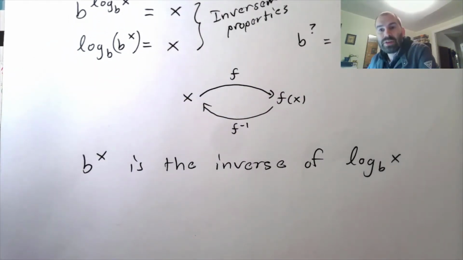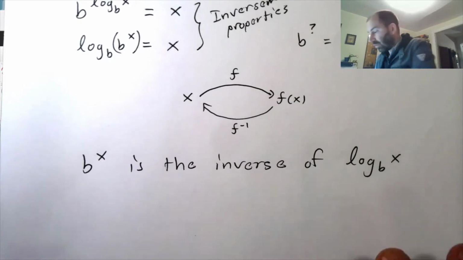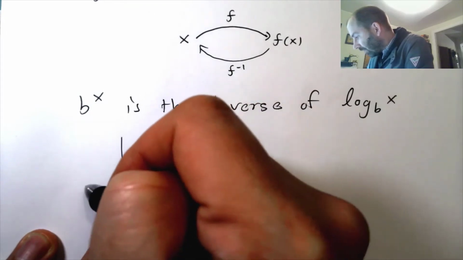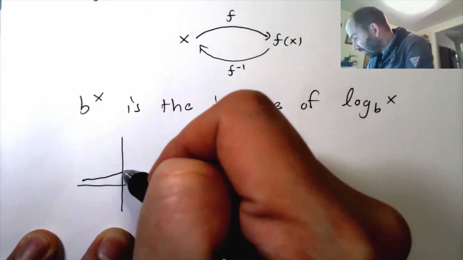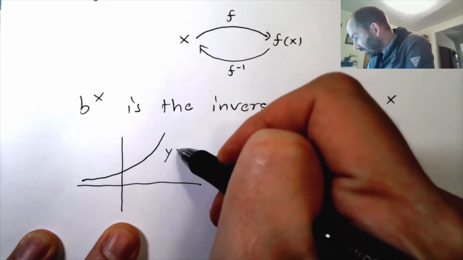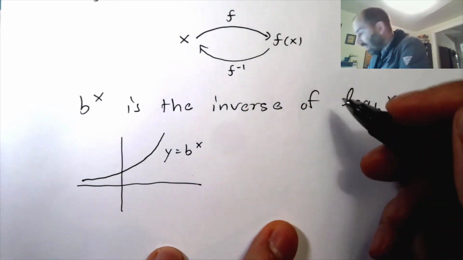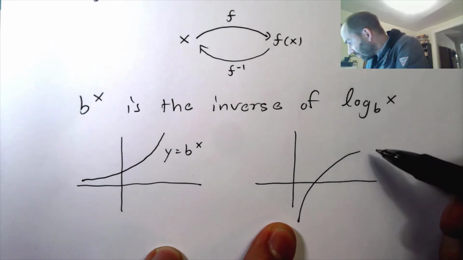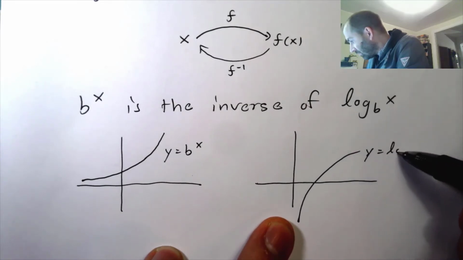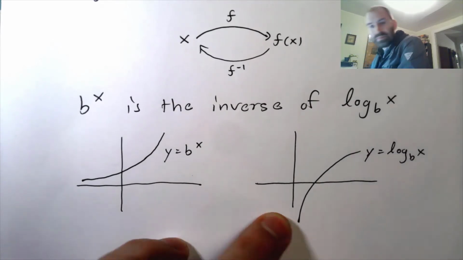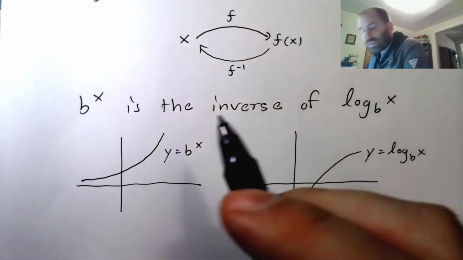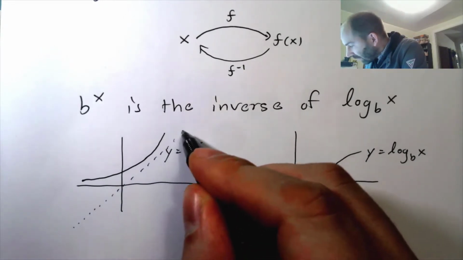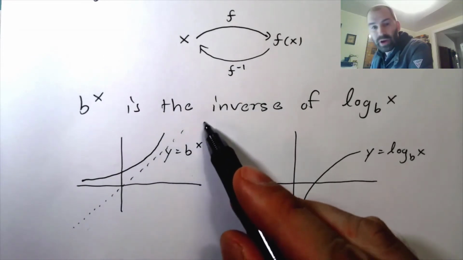And you may have noticed their graphs look quite similar, right? There's a nice comparison between the graphs. If I graph b to the x, it looks like this. If I graph log base b of x, it looks like this. And if you know something about graphing inverse functions, you know that to graph the inverse function, you just reflect the graph along the line y equals x.